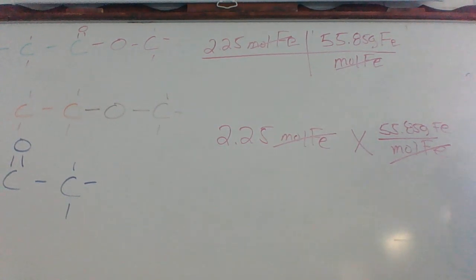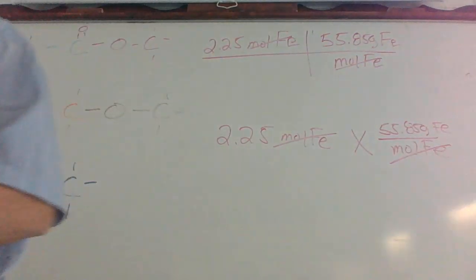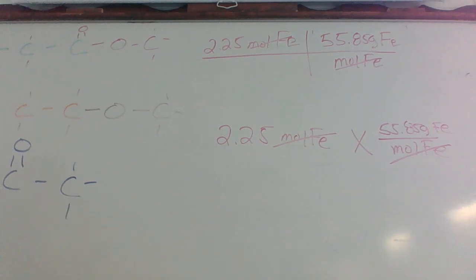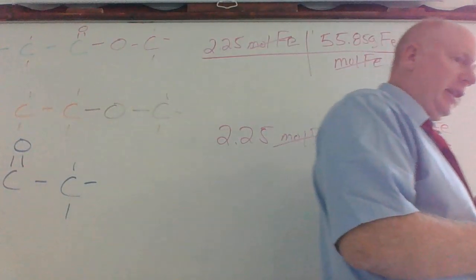Yep. And the author says we should get around 126. Does that sound right? Yes, 126, somewhere around there. 2.25 times 5.85 gives us 125.66.